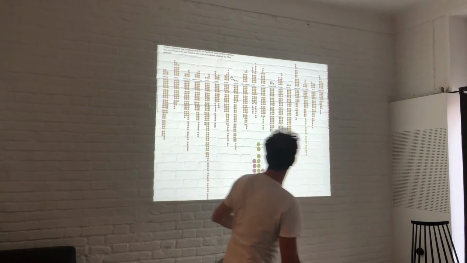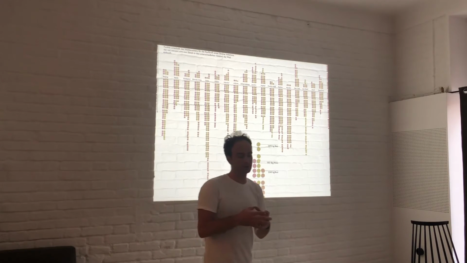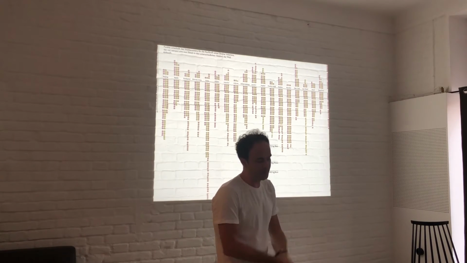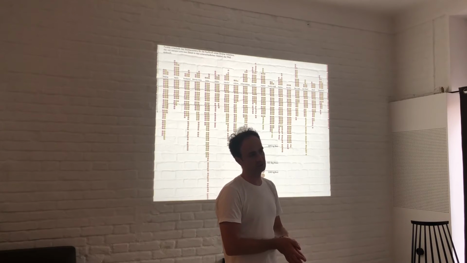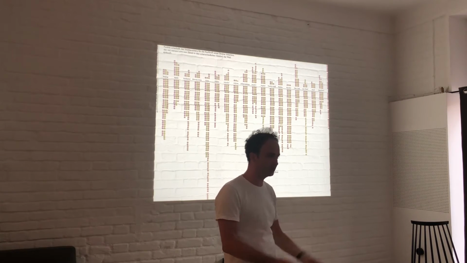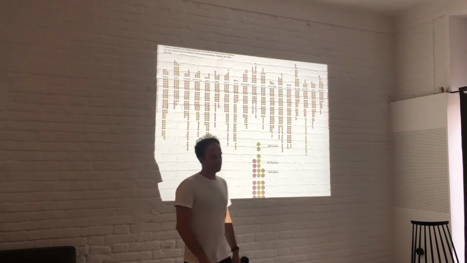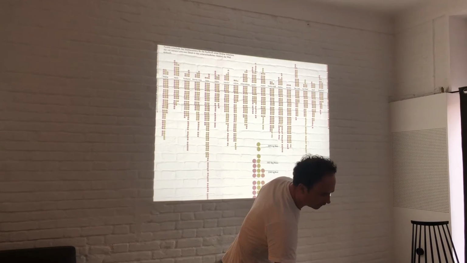In the first graph on the upper side, we took the wage, the income from a worker, and we spent it completely on Big Macs. And we said, okay, if he would buy only Big Macs with his salary, how many Big Macs is it? And we did that for all the countries, and that's actually the violet part of it.